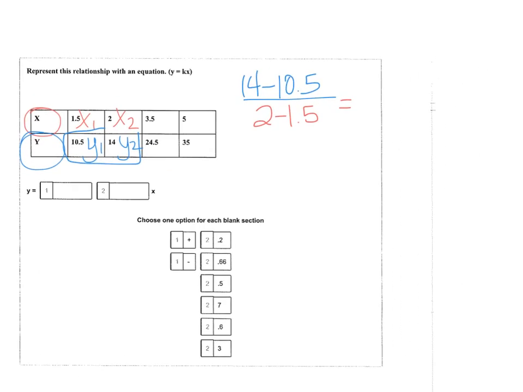When we subtract those, I've got 14 minus 10.5 on top, which is 3.5, and then 2 minus 1.5 is 0.5 on the bottom. And I'm going to divide those two. So 3.5 divided by 0.5 is 7, which seems weird, but it's not wrong.